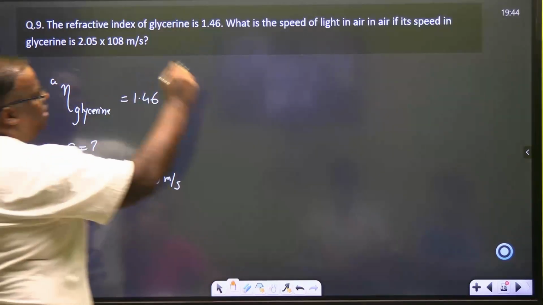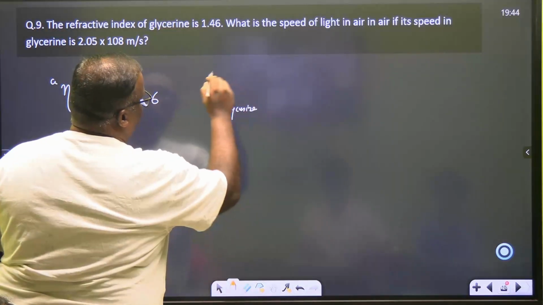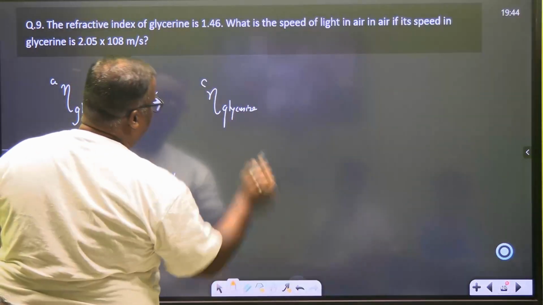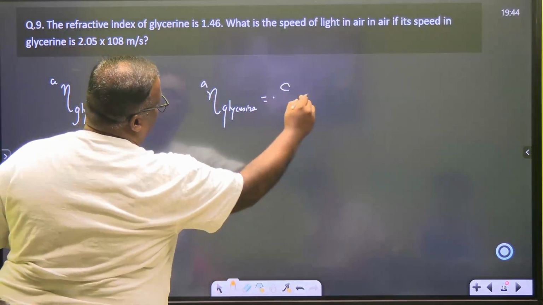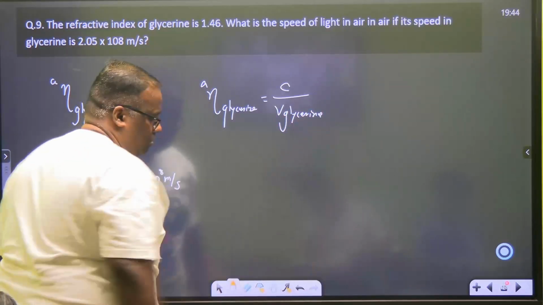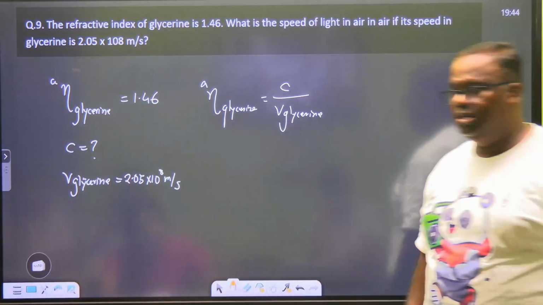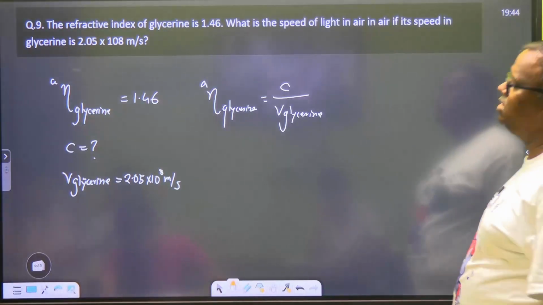Pretty easy. Eta glycerine, which is nothing but with respect to air, should be C upon V glycerine. You will be able to calculate now. All data are given to you. Eta is given to you, 1.46.